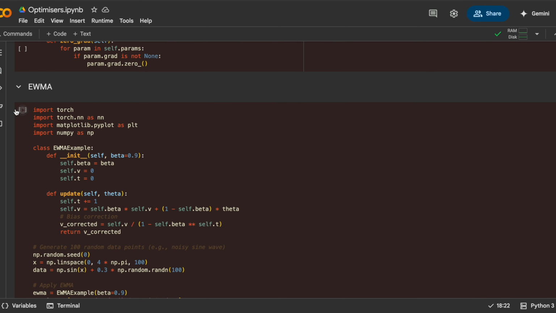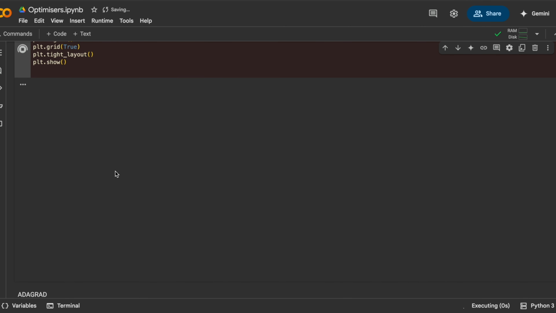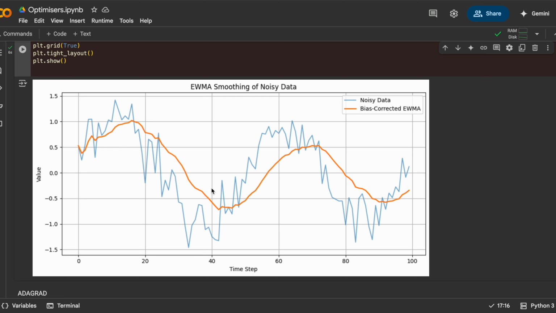So if I try to run this code, let's wait. It's running. Yes. Let's suppose this is our stock market price data, and these are our time steps in which the stock market values are changing.